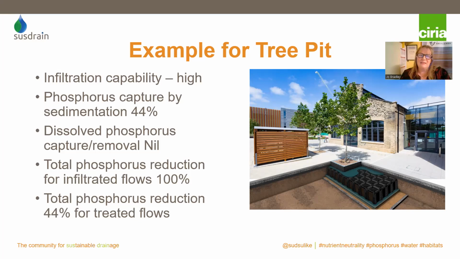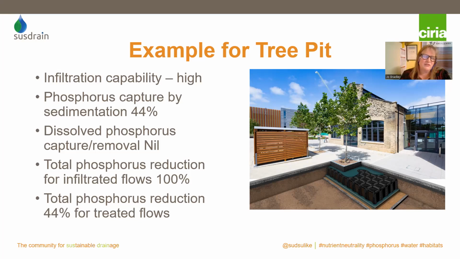Your phosphorus capture by sedimentation, in accordance with the SuDS manual figures, is 44%, but because there is no data in the BMP database, the dissolved phosphorus capture for a tree pit at the moment in the UK is declared as nil, because there is no figure for dissolved phosphorus removal in a tree pit. And I can only apologise. Like I say, that's back on you lot to do the monitoring and the data capture.